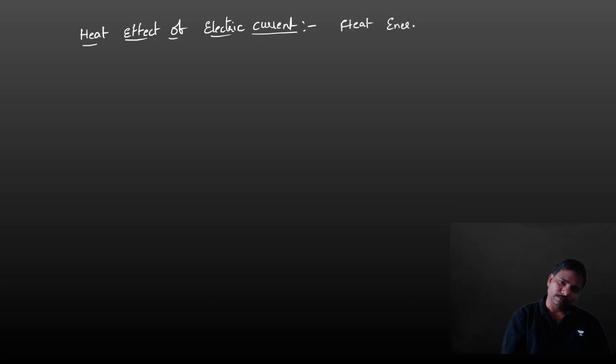Heat energy. Whenever we have a conductor having some resistance R, whenever the current flows through the conductor, then due to power consumption, some amount of heat is generated. That heat energy is equal to power into time. Power is equal to I square R into time.